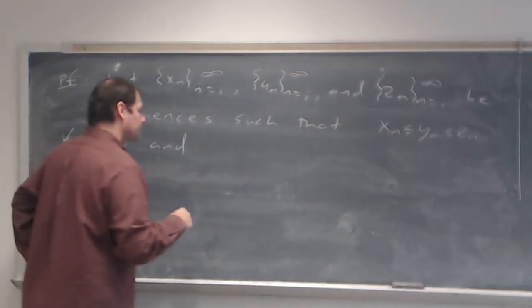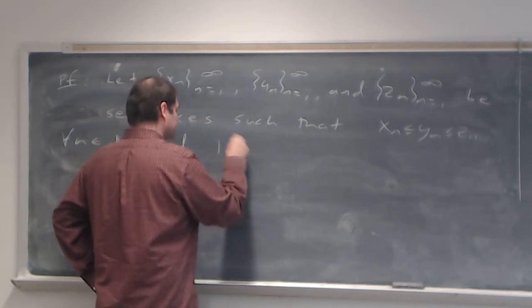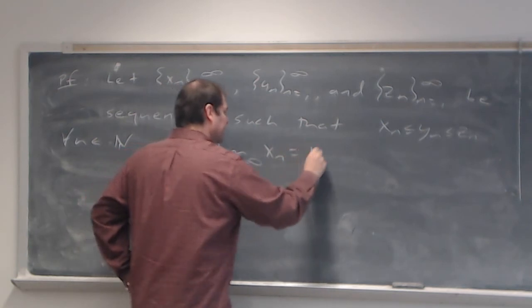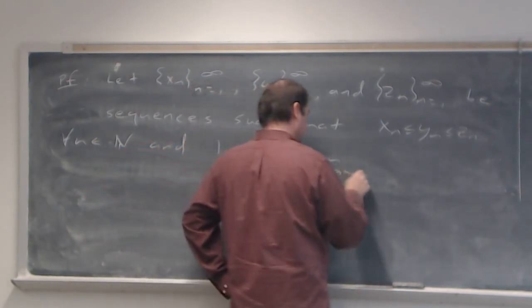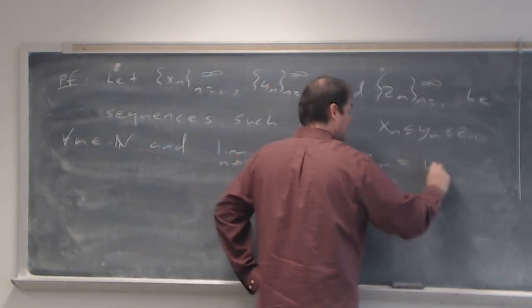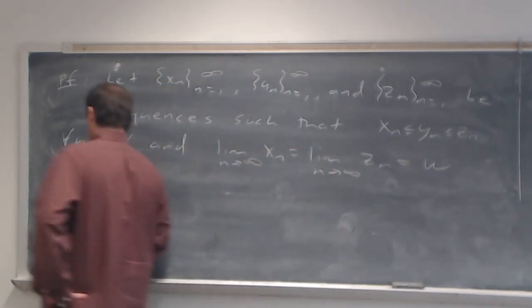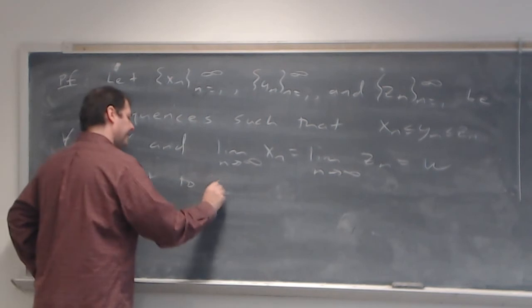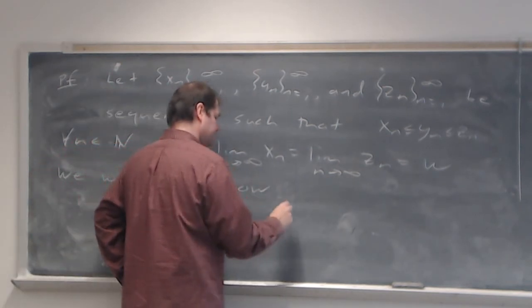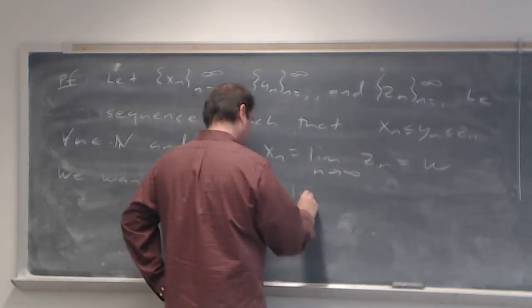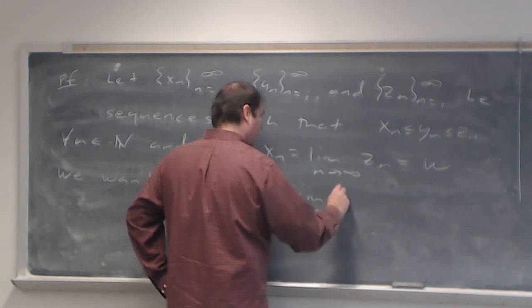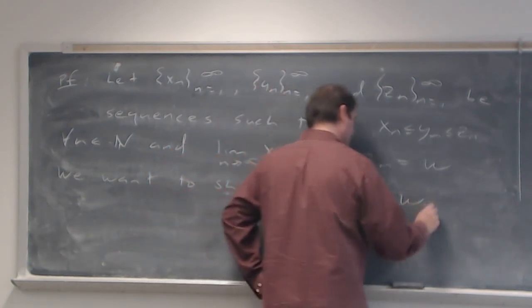And the limit as n goes to infinity of x sub n equals the limit as n goes to infinity of z sub n, which is some number w. And what is it we want to show? We want to show the limit as n goes to infinity of y sub n equals w.